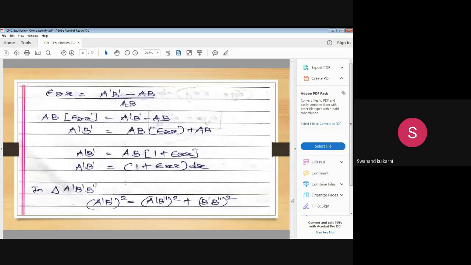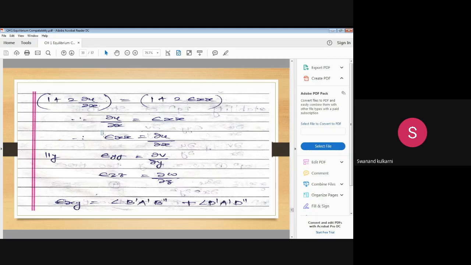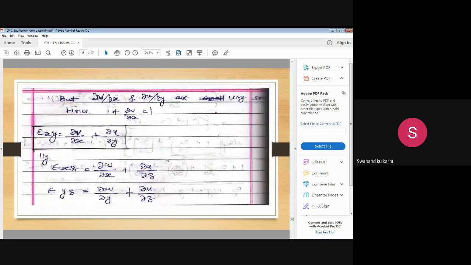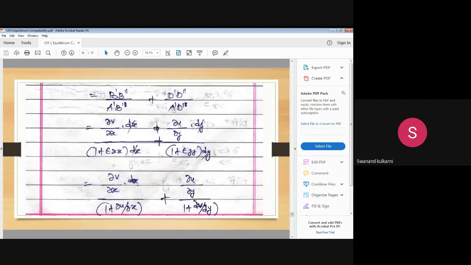That is, here we have considered epsilon xx equal to ∂u/∂x and epsilon yy as ∂v/∂y. Is it okay? So let us substitute them. After substituting epsilon xx equal to ∂u/∂x, here we will get this particular equation.